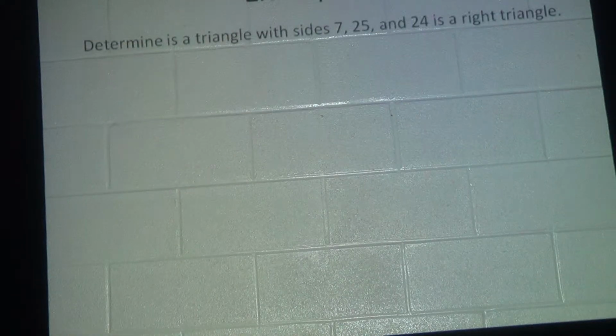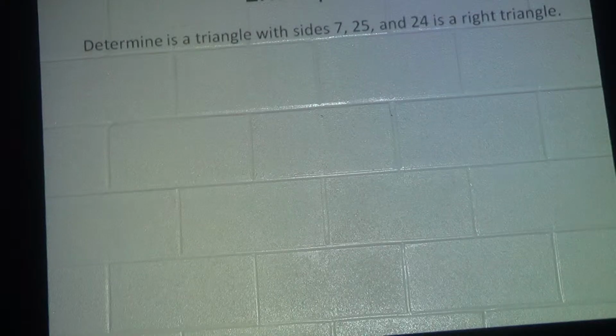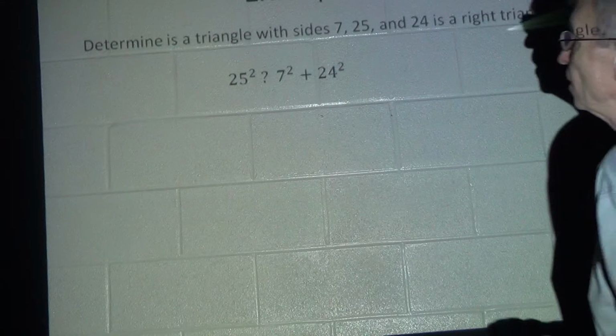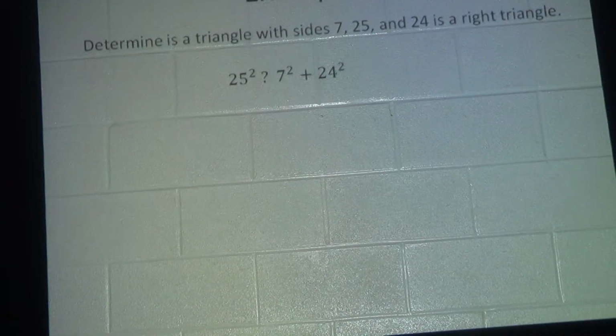All right, so the first thing they want us to do in example 3 is see if this triangle is a right triangle. So here we go. And in fact, since they're all integers, if it is, then this means that this is a Pythagorean triple. So 25 squared is what relationship to 7 squared plus 24 squared?